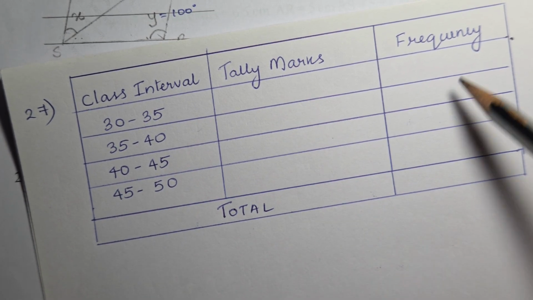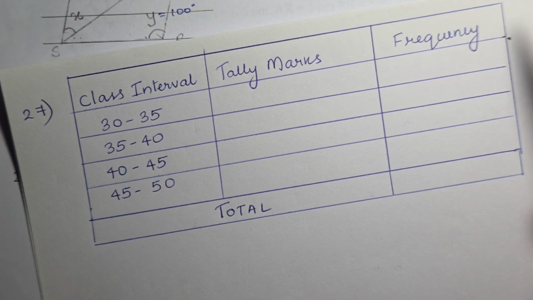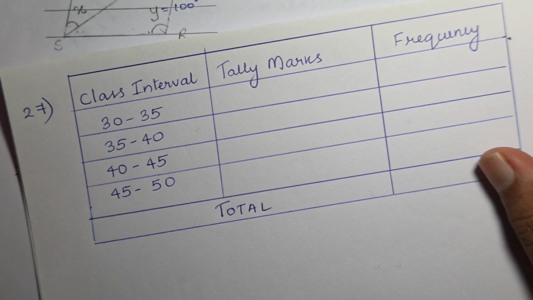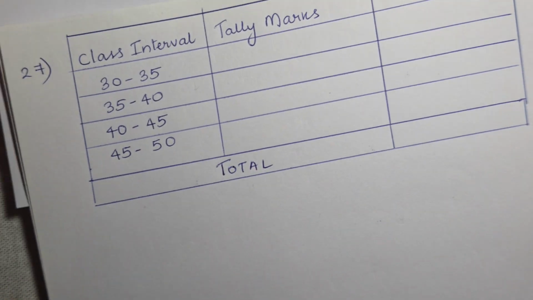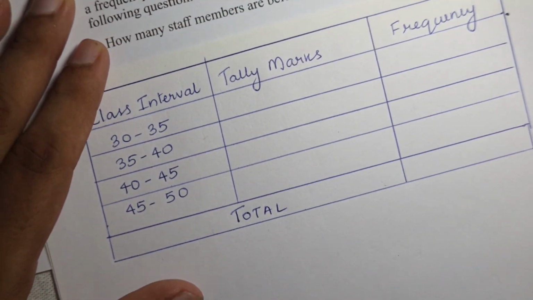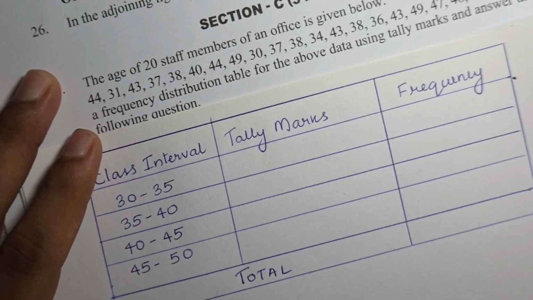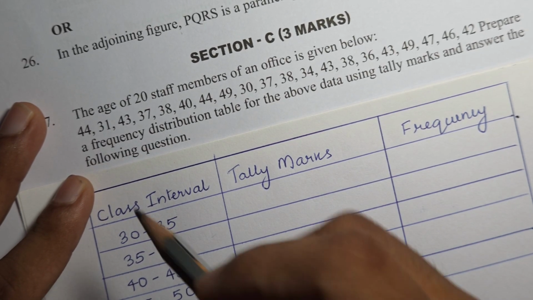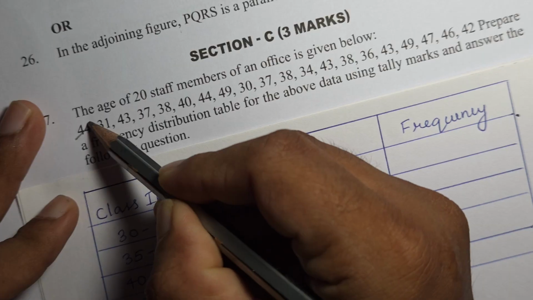Then the tally marks, and last we'll be writing the frequency, the total of the frequency. Once you draw this table, let us try to find the tally marks.